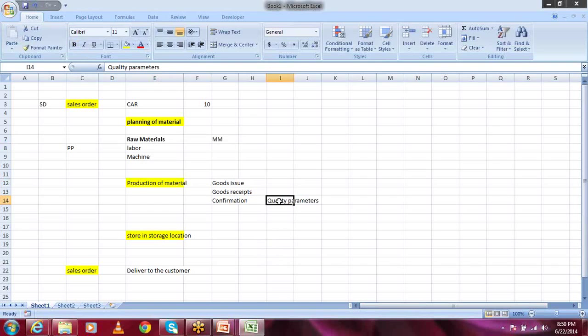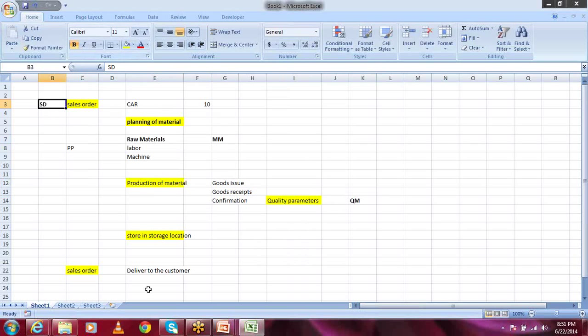The checks you do during manufacturing will be handled by your QM module.